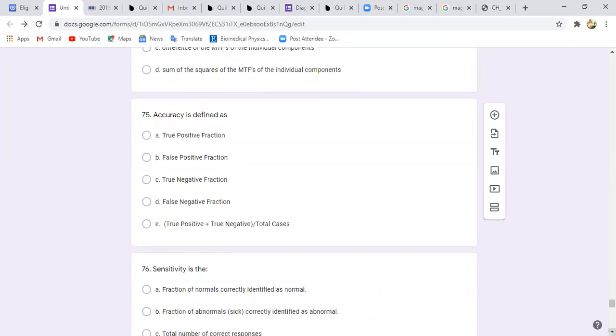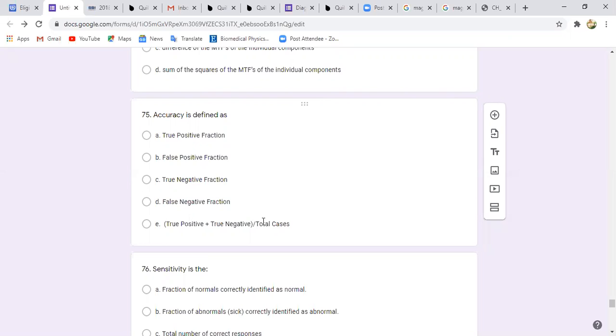Accuracy is defined in terms of what? The true positive fraction? That is not the case. I think accuracy is defined as the true positives and the true negatives over the total number of cases.